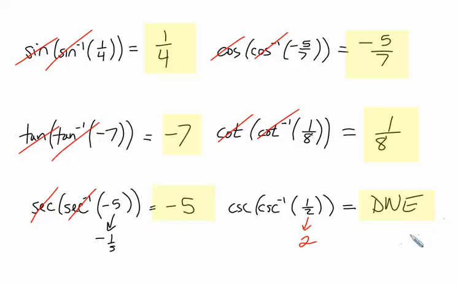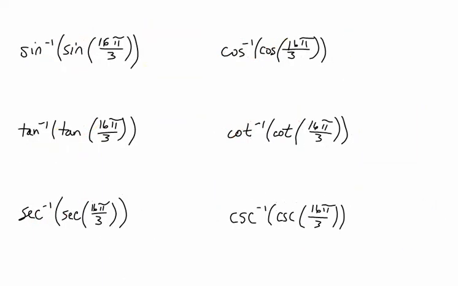Next, what if we switch the order in which we're doing the inverse and the original function? So in these problems, we're going to consider that exact scenario. First thing, what angle's coterminal to 16 pi over 3? Well, we could split 16 pi over 3 into 12 pi over 3 plus 4 pi over 3. 12 pi over 3 is just 4 pi. We don't care about even multiples of pi.